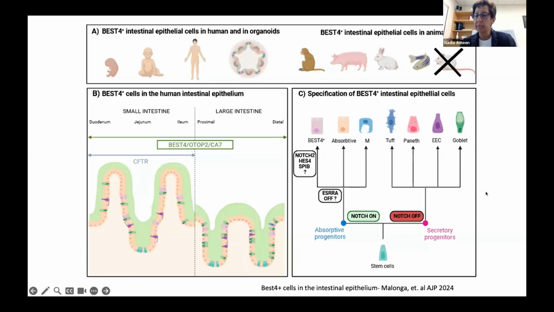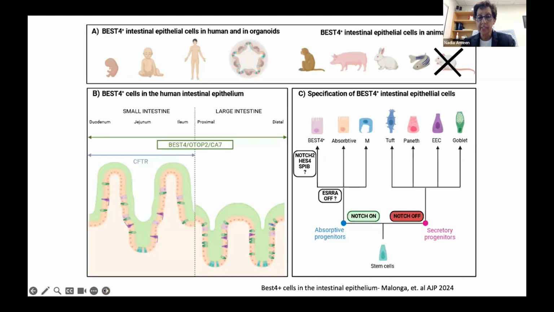In terms of their specification, what has been shown is that these cells arise from absorptive progenitors and are also regulated by Notch. Notch regulates whether cells become absorptive epithelial cells or secretory cells, which include goblet, enteroendocrine, Paneth, and Tuft cells, by turning Notch on and off. The secretory progenitors give rise to goblet, Paneth, Tuft, and enteroendocrine cells.